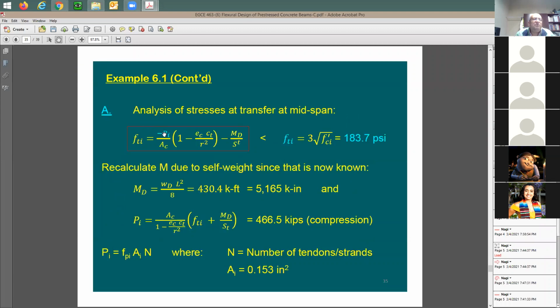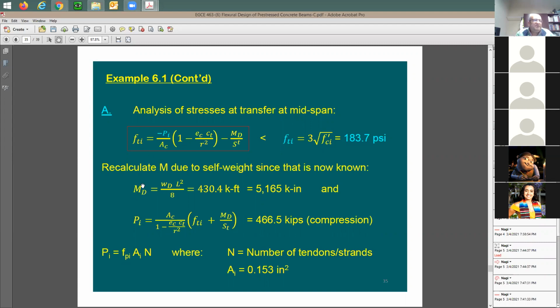But we don't have the amount of pre-stress force that we need to put in there. So when I look at this equation, I have M dead load, I have S top, I have EC, I have C top, I have r squared, I have AC. I have this to be the allowed tensile stress in the beam based on the code. And with that, I should be able to solve for PI because I don't have the applied stress there.